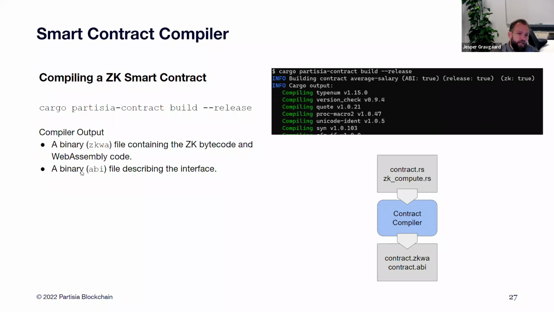Besides that, it has this API file which describes the interface. When you have two contract Rust files, one with the public contract and one with the zero knowledge computation, you run the compiler and it will produce these files for you, and then it's ready to be uploaded to the blockchain. Of course, you may get some compiler errors as well, but when you fix those, then you have the stuff you need to deploy to the blockchain.